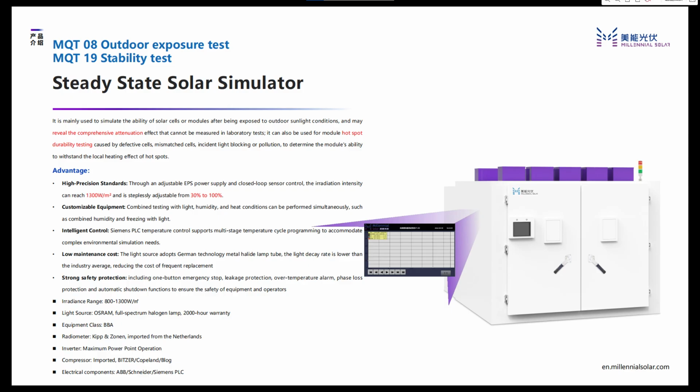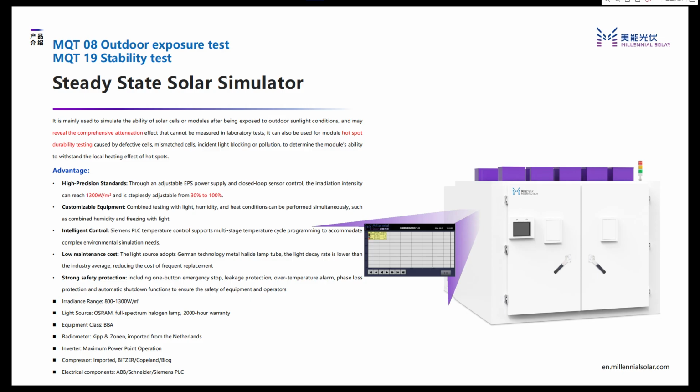Okay, and now we are at MQT8, the outdoor exposure test, and this chamber can also conduct the MQT19 test, which is the stability test. We call it a steady state solar simulator. So what is the stability test?